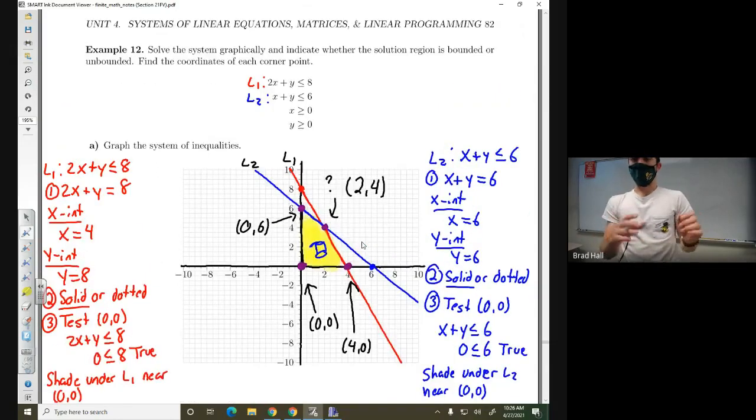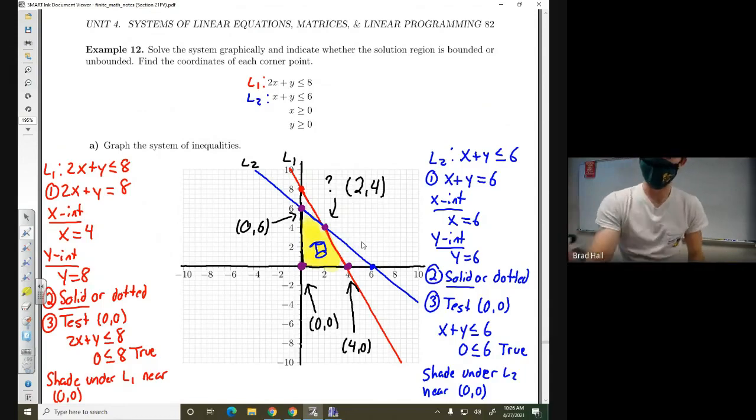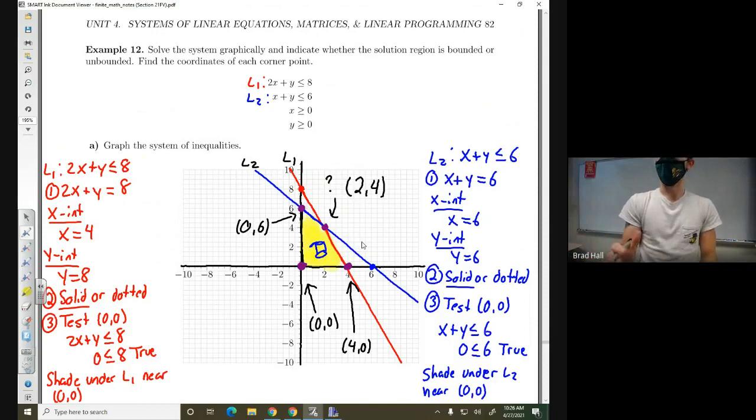Well, this is the intersection between L1 and L2. How do we figure out where two lines cross? We can use matrices. So matrices come back. Now here you might be able to say it's 2, 4, because normally my math lab gives you pretty nice graphs, but not always.